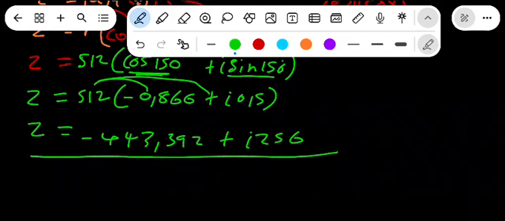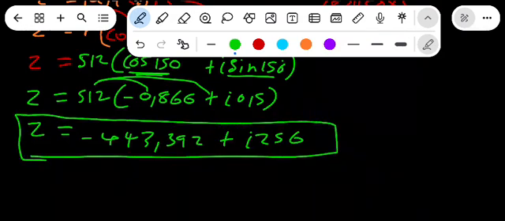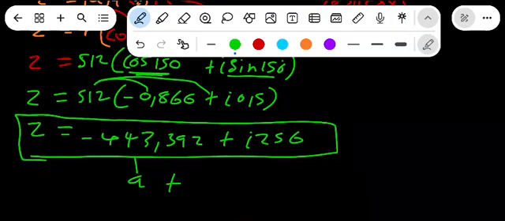So this is our rectangular format: the real part and the imaginary part. So that is it.